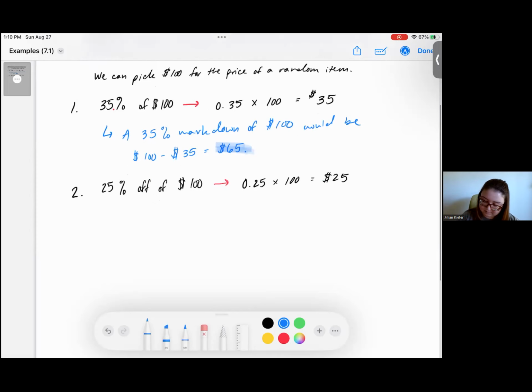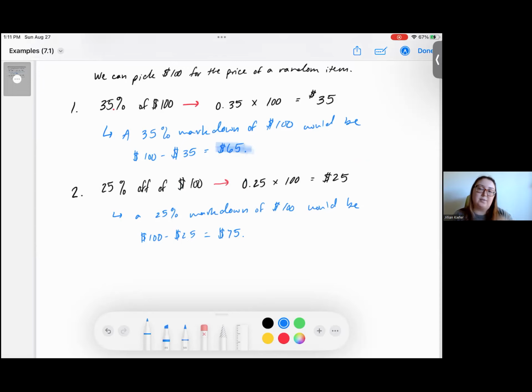So we can state that a 25% markdown of $100 would be 100 minus $25, which makes it $75. So an item that's 100, it's discounted 25%, makes it 75.